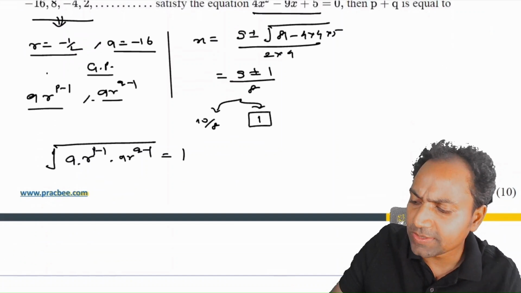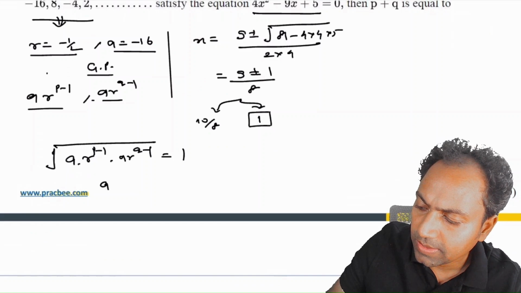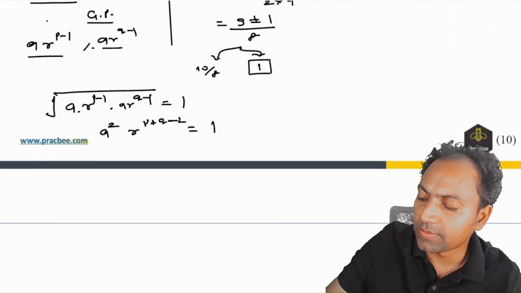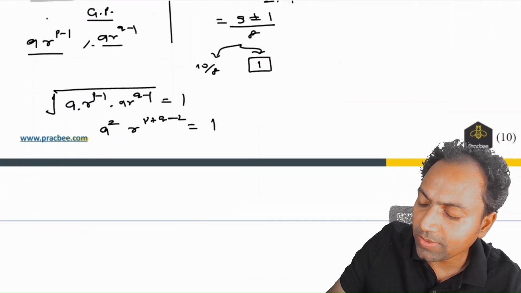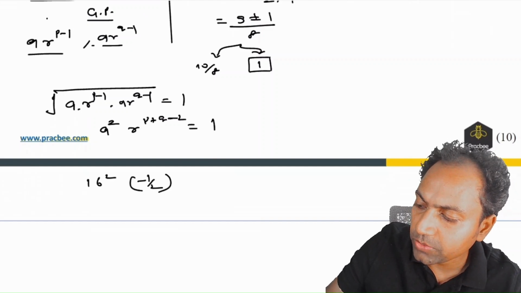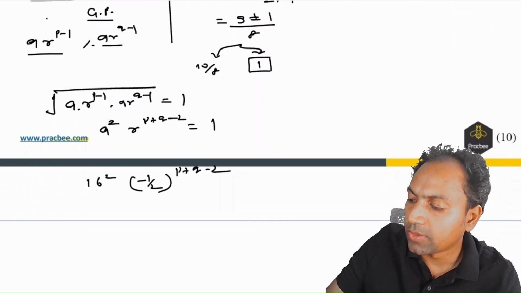So if I do this, what you can observe is a square r raised to the power p plus q minus 2 will be equal to 1. So now a square here would become 16 square, and this is minus 1 by 2 raised to the power p plus q minus 2 equal to 1.